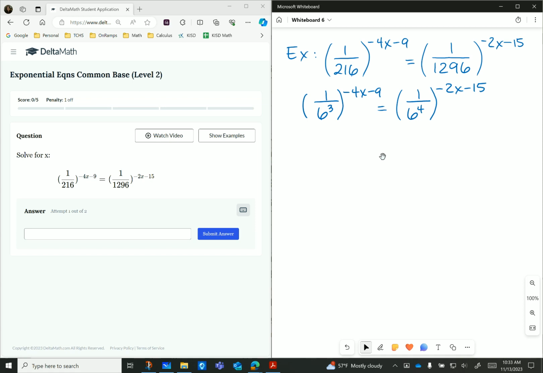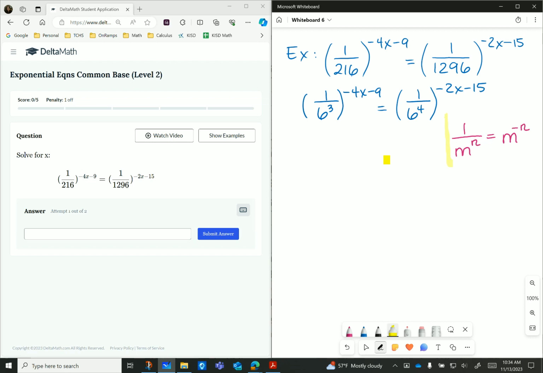Now here's a property that I want you guys to learn. If you have, so this is a side note, so let me change the color here. Let's go into this reddish one. If you have 1 over some number m raised to a power of n, you are able to rewrite this expression as m to the negative n power.